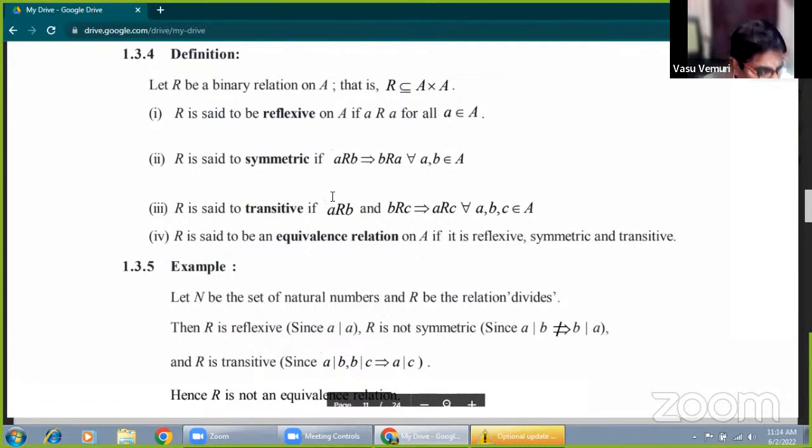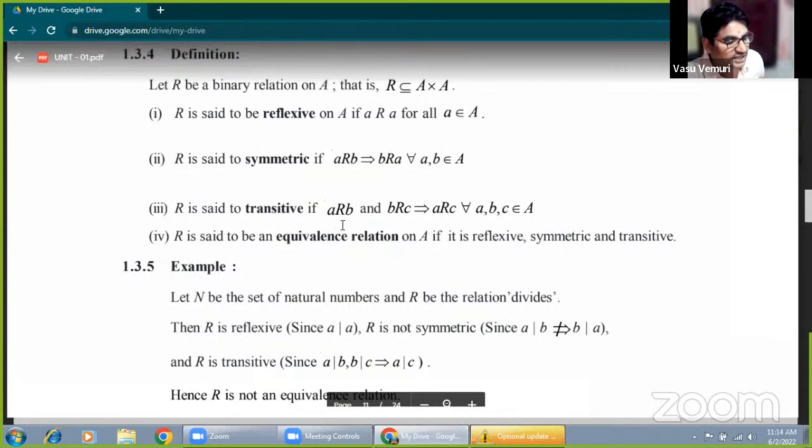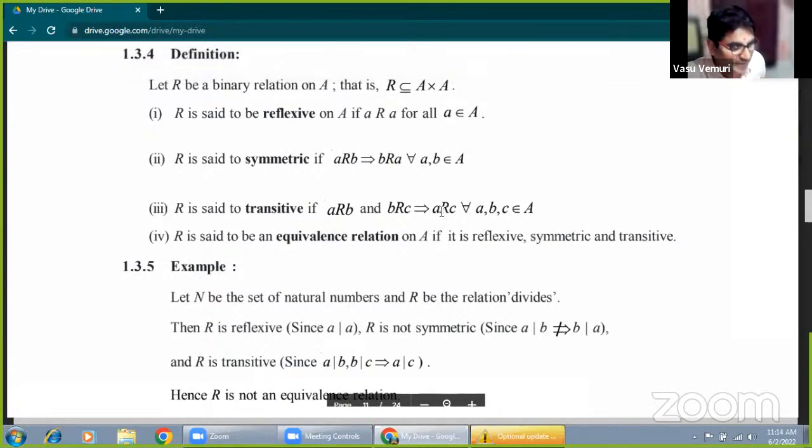R is the relation from A to B and R is the relation from B to C, where small a belongs to capital A, small b belongs to capital B, and small c belongs to capital C. Here capital A, capital B, capital C are three sets, and according to the elements we construct the ordered pairs. If R relates A to B and B to C, we must derive that R relates A to C. That is the transitive part: A to B, B to C implies A to C. That is called a transitive relation.